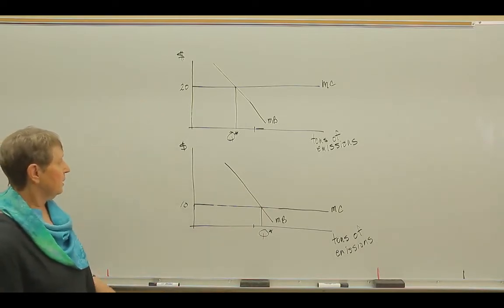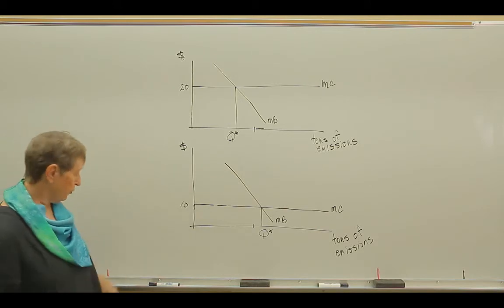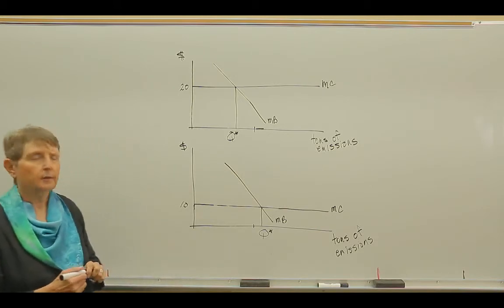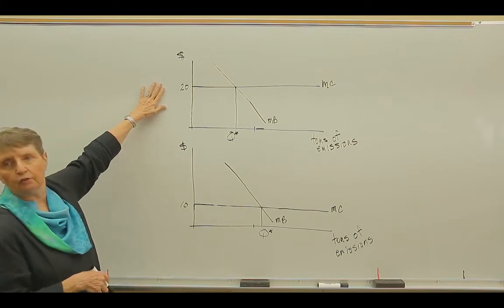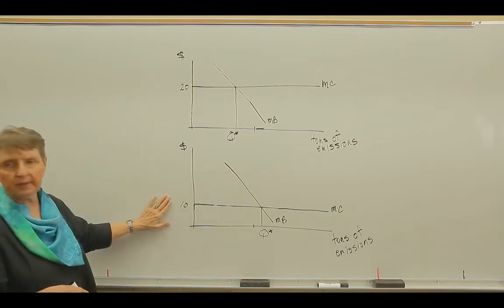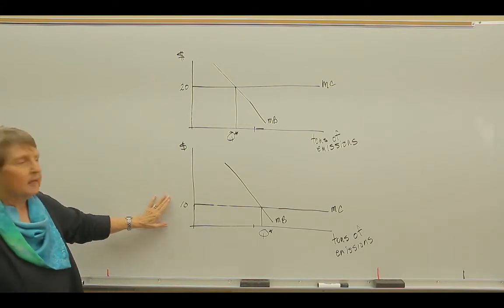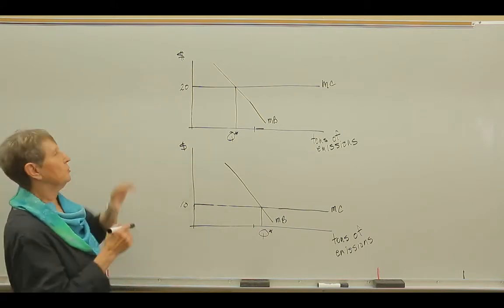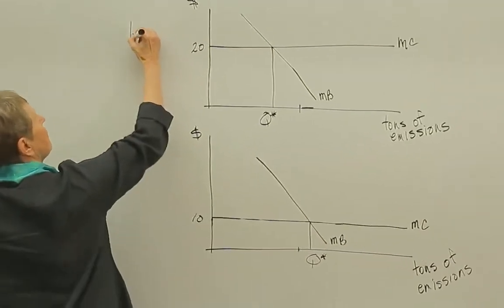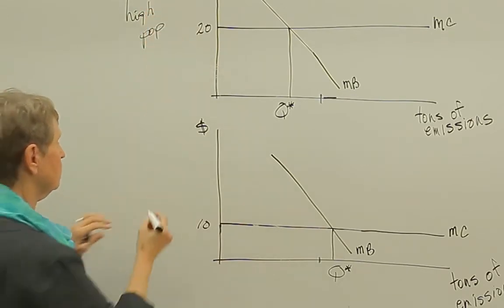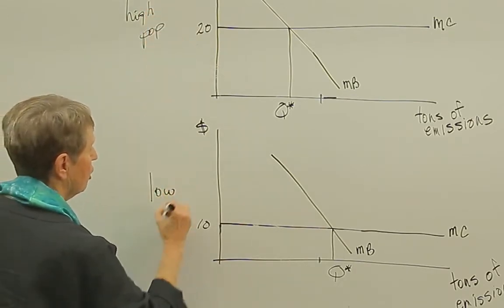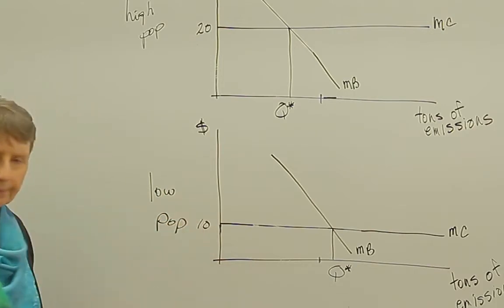These could be two different areas of the country. This could be Los Angeles, and this could be Montana. This is an area where there's a high population, and this is an area with very low population.